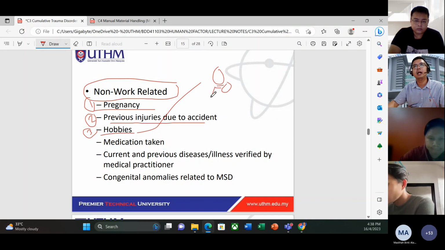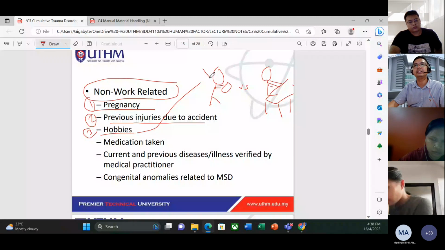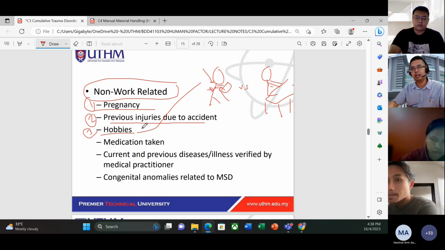Playing rugby can cause more damage versus a normal person in an office workstation, for example. So rugby versus office workstation. A hobby like rugby can lead to injuries, for example to the neck, hand or wrist, and back, because this is an extreme sport.